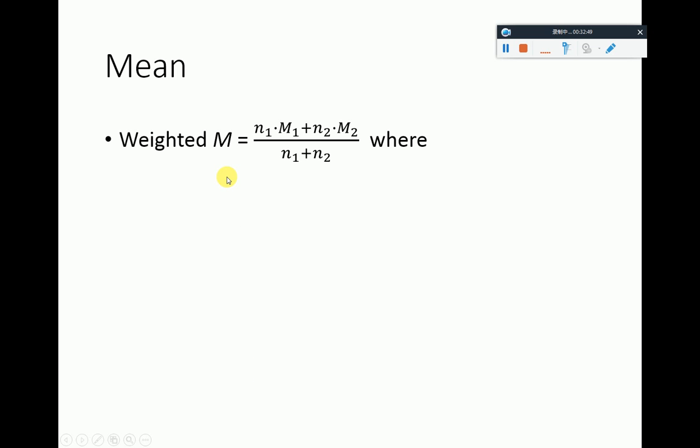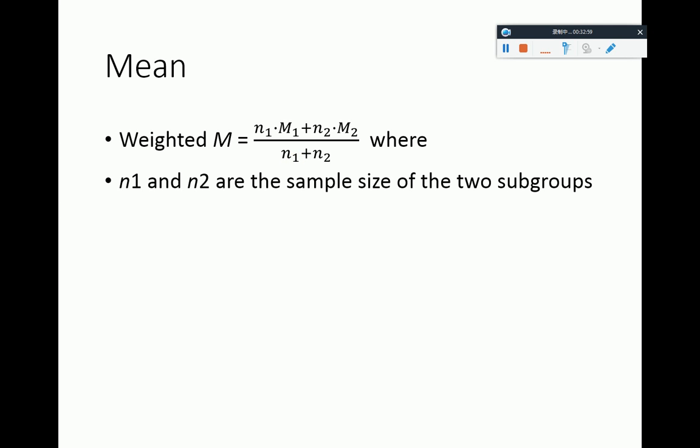So weighted mean will be computed by using this formula. It looks quite a handful, but it's actually very simple and very easy. Let's look at the denominator. N1 and N2 are the sample sizes of the 2 subgroups.